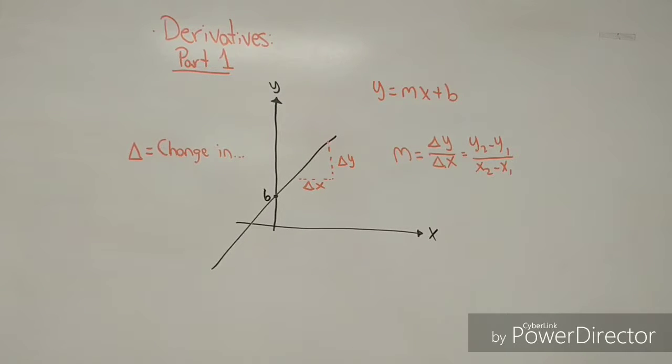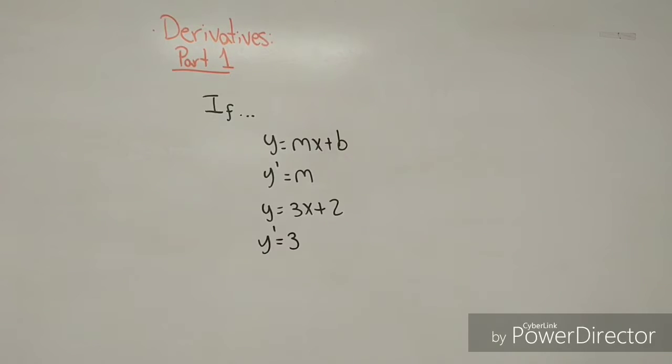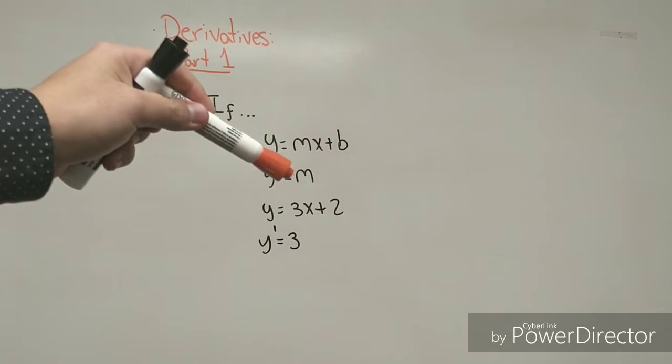So we're gonna see a couple derivatives just as an example, and then in another week we're gonna get deeper into this derivatives topic, which is quite extensive. So let's keep it simple. If we know that y is equal to mx plus b, then the derivative of every line, every single line, is just the slope.